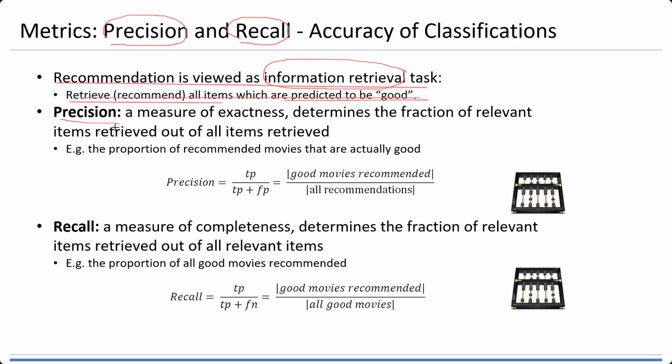We call precision a measure of exactness. It determines the fraction of relevant items retrieved out of all items retrieved.